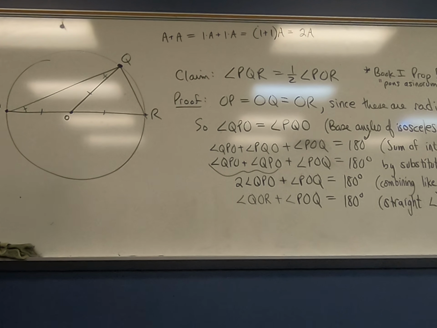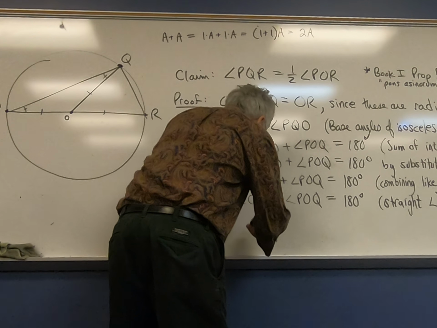So they're supplementary. Together they form a straight angle, so that together their measure is 180 degrees. So then what? Well, then we can say that angle QOR is twice angle QPO. That's not quite what I wanted though, is it?